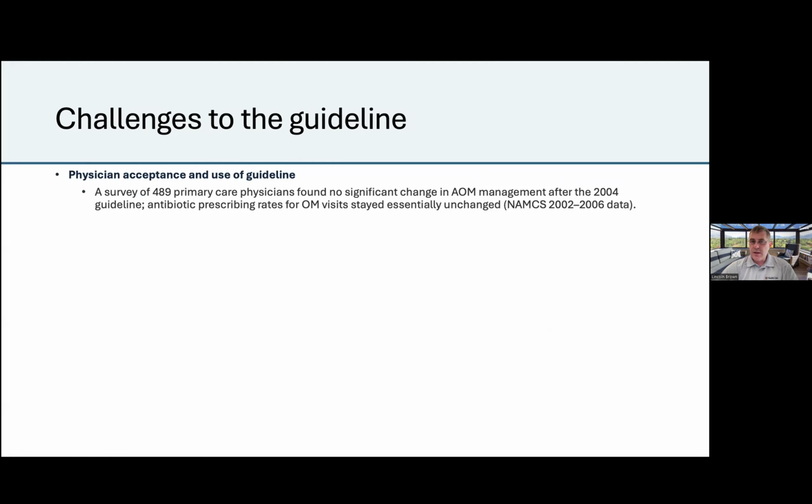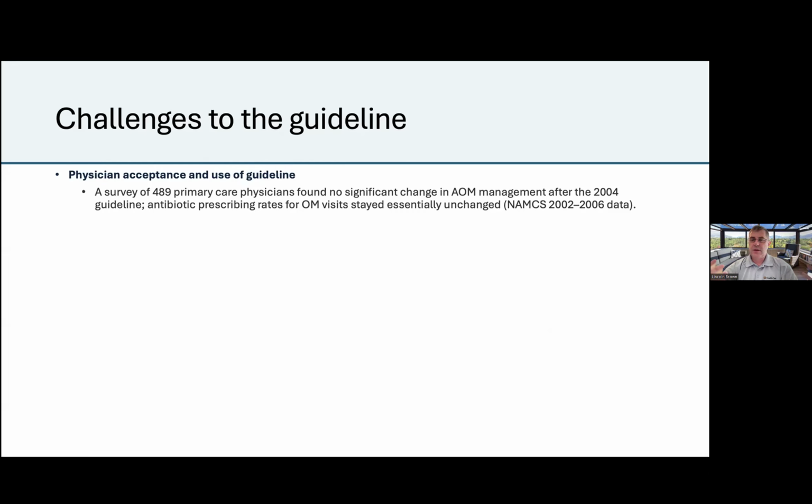As I mentioned at the very beginning, the percentage of prescriptions really didn't change when the number of diagnoses went down. They did a survey of almost 500 primary care physicians after the 2004 guideline, and essentially the prescribing rates went unchanged, and the physicians were less comfortable changing their practice despite the guidelines. So, what do we do about that?